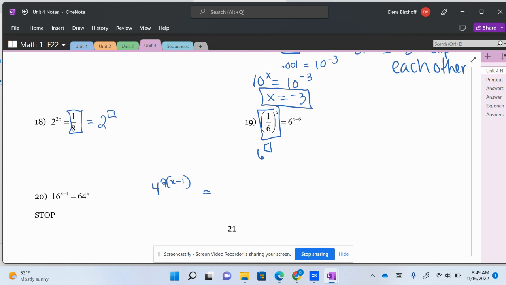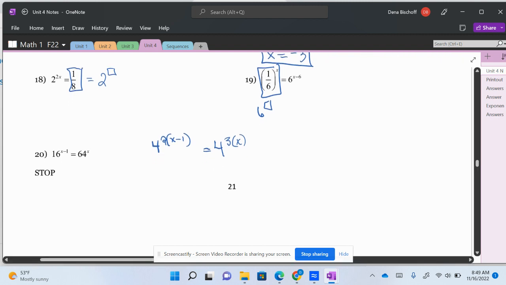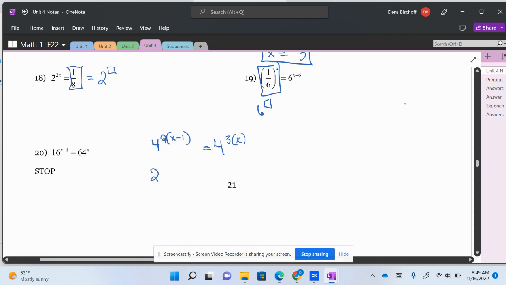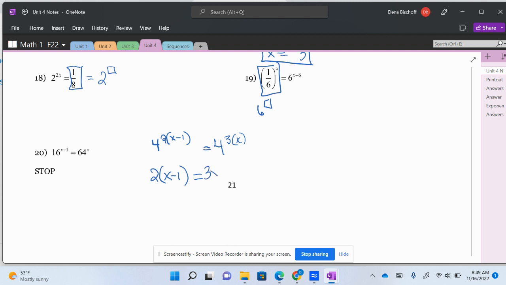What is it? 4 to the third power, but remember it had an x on there. So now I have the same bases. I'm just going to work with the exponent factors. So my exponents are 2 times x minus 1 equals 3x.